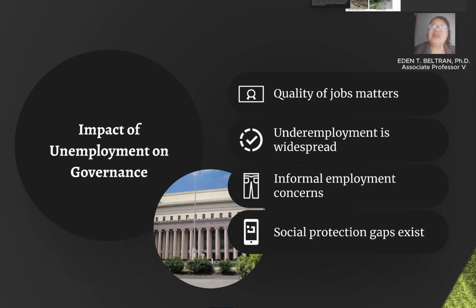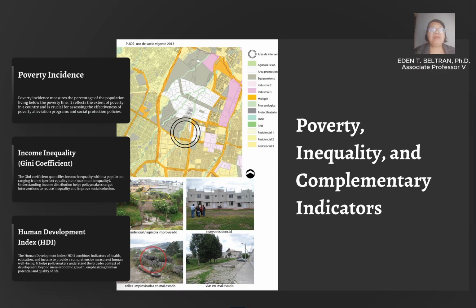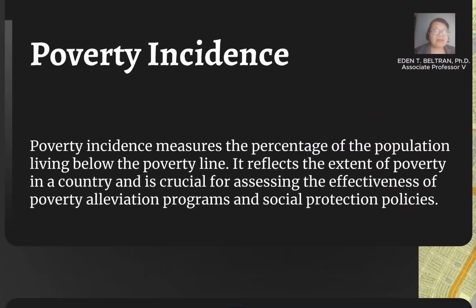And so what do we have to consider in government? We're looking at the economy, but we should look at what the agencies are doing, like the TESDA, what kind of trainings are being offered, no? And then the Department of Labor and Employment gives livelihood assistance, or public employment programs are also being opened to the public.